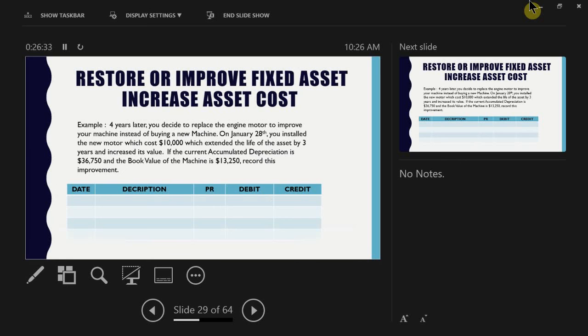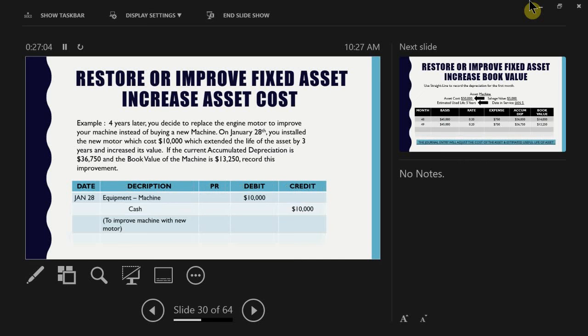Okay. But you also have the second option, whether you can choose to increase the asset cost. Okay. So in this case, same exact scenario. However, if you choose to not increase book value and I decide to take my $10,000 and increase my asset cost instead, because in this case, right, this $10,000 is going to go to the cost of the asset because I'm replacing the motor.